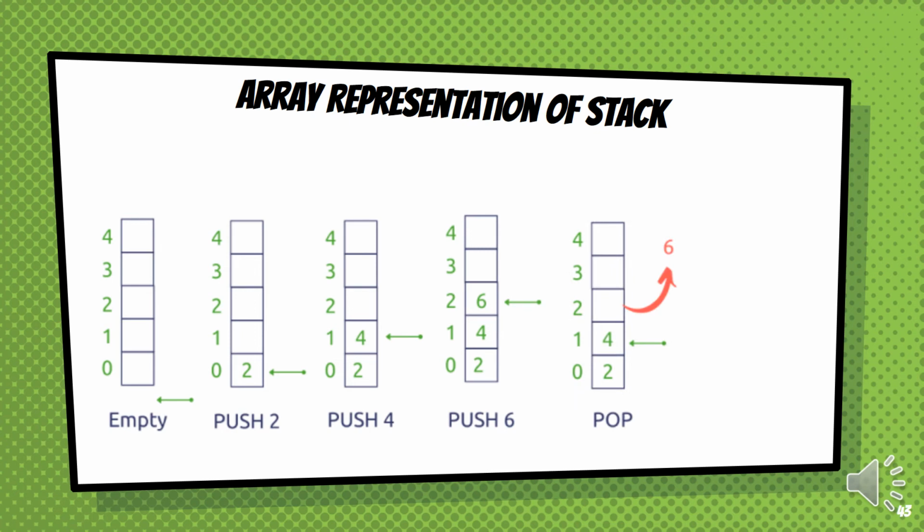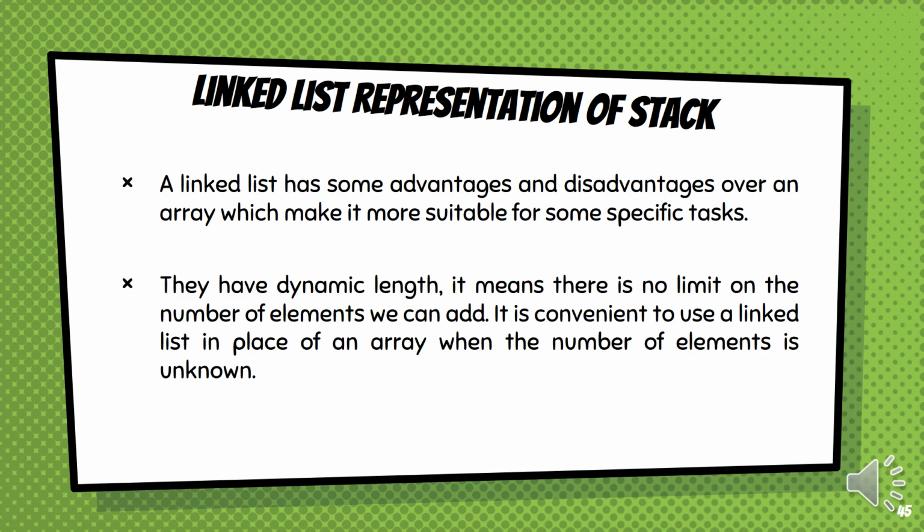Pop means we are deleting the top element, which is 6. And after 6 the top element is 4, so we are deleting the top element 4. And after this we are going to move to the linked list representation of stack.